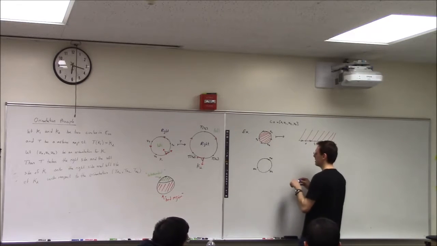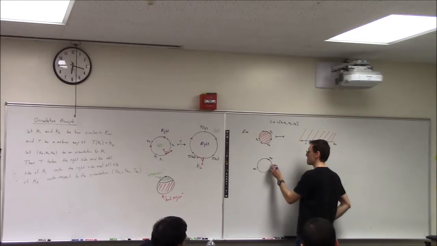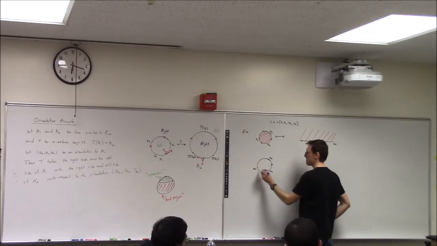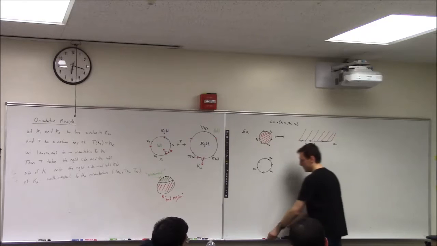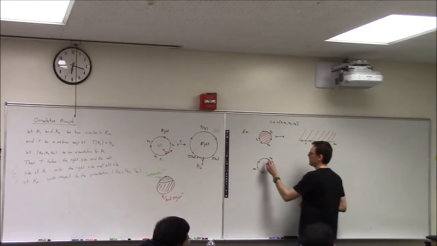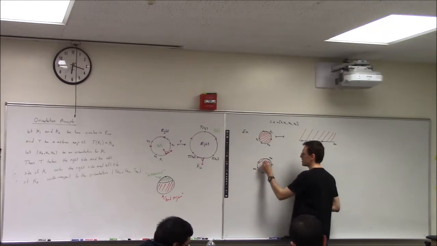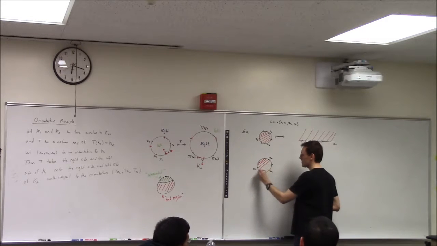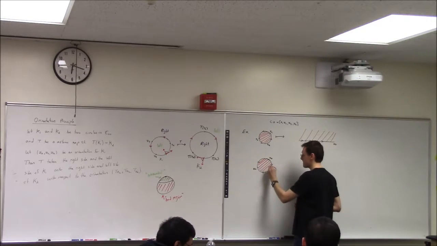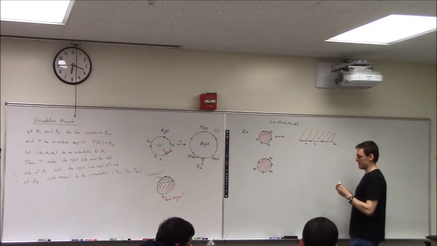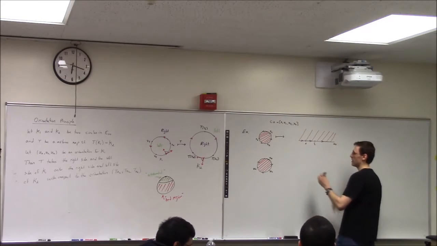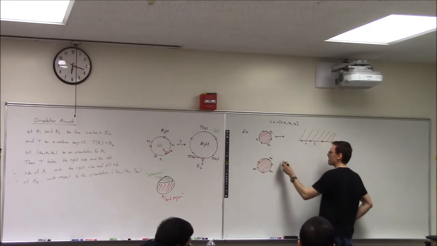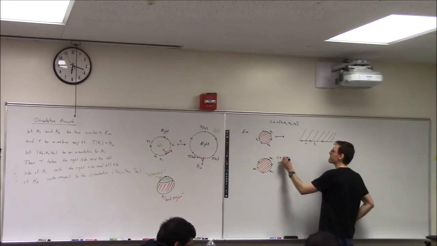So I have clockwise orientation, and we have the interior of this circle, which is this. I apply the same map.